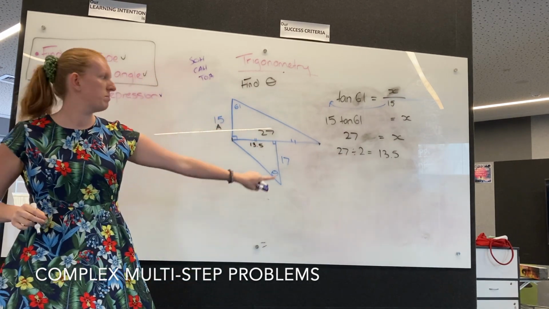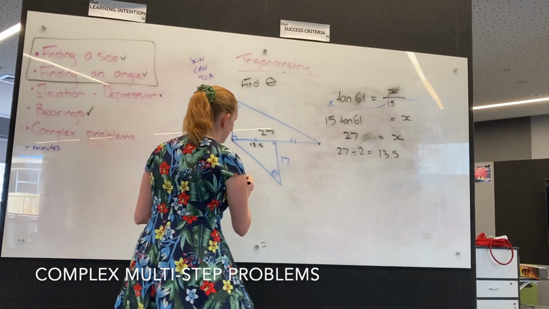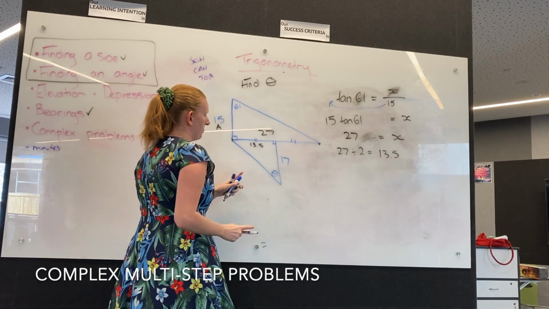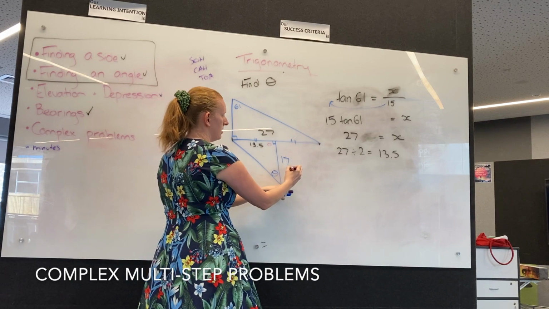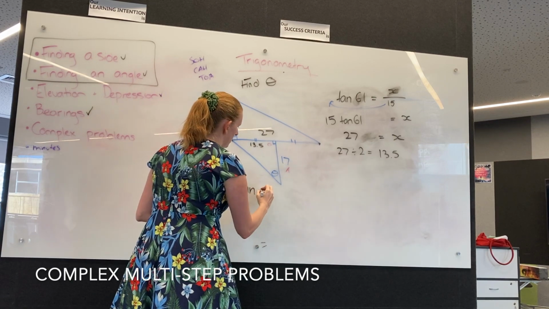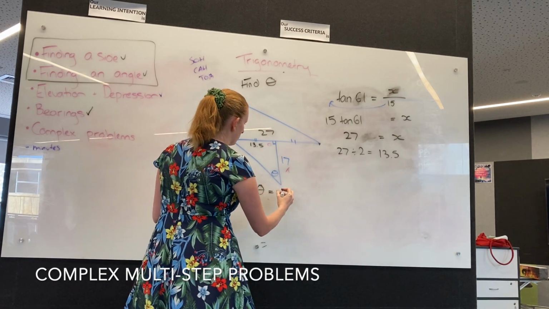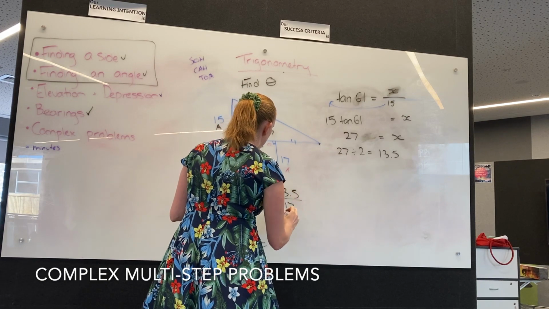Now do I have enough information to find my missing angle? Yes. Cool. So I'm going to go ahead and do that. First I've got to label my sides. This side up here is opposite. This side over here is adjacent. So I'm using tan. So tan theta is equal to 13.5 over 17.